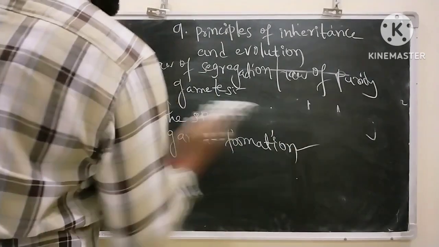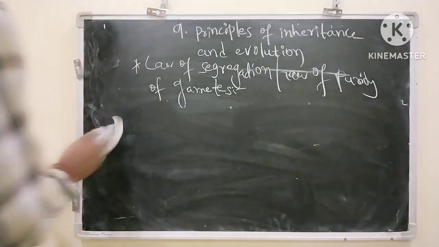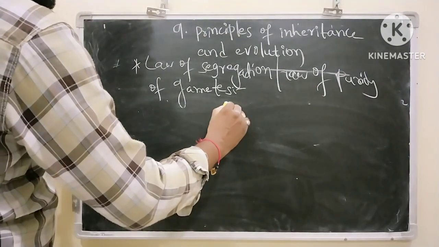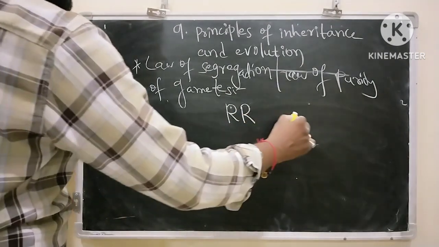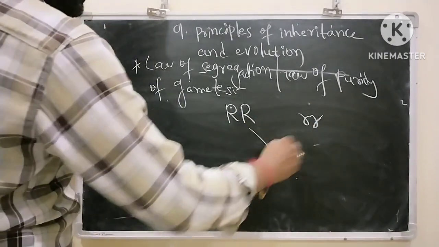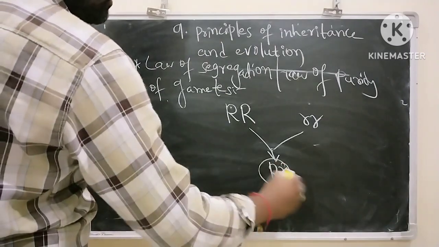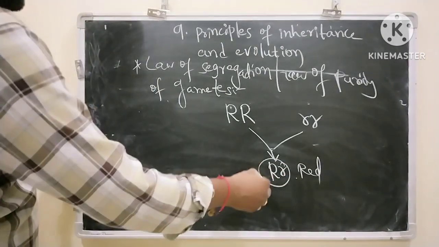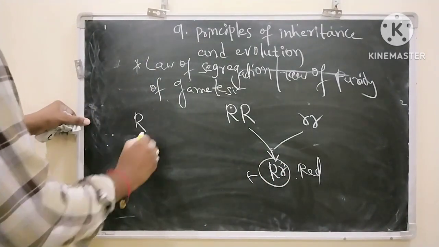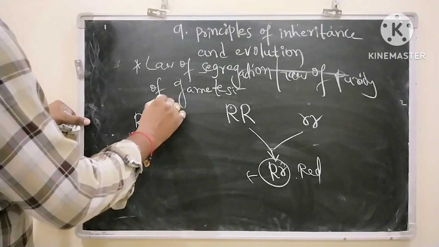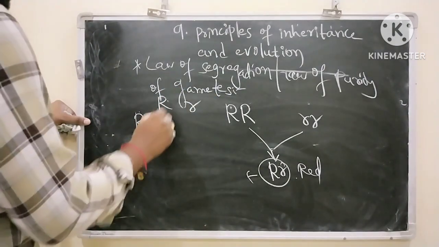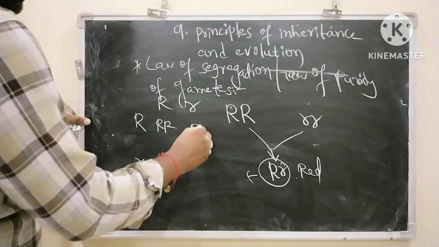And how he explained it is, for example, this is a red color flower and this is a white color flower. He cross pollinated both, then obtained all red color flowers. Now again he self pollinated this. Then capital R, small r.